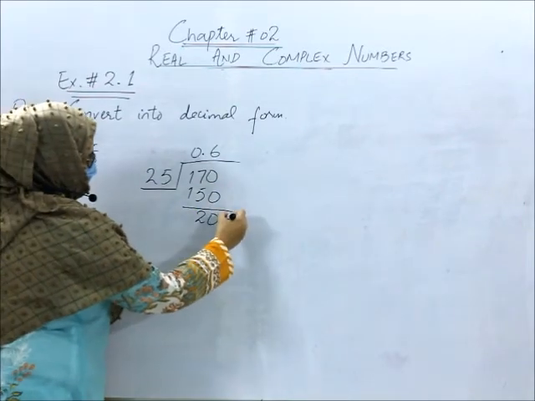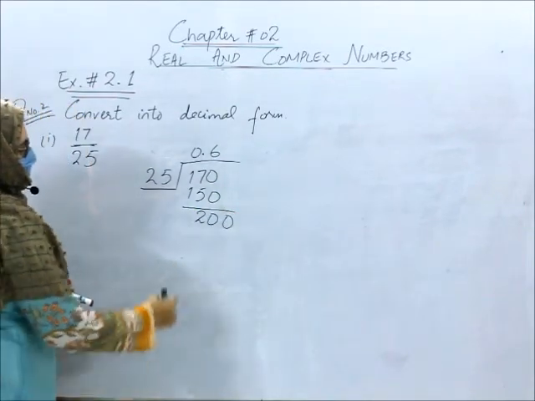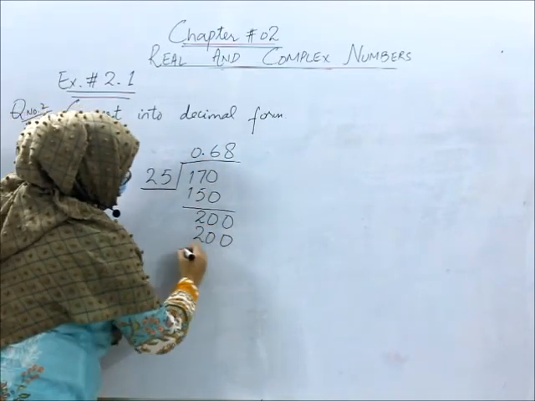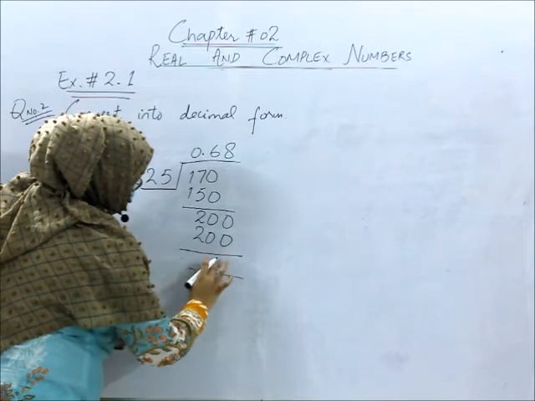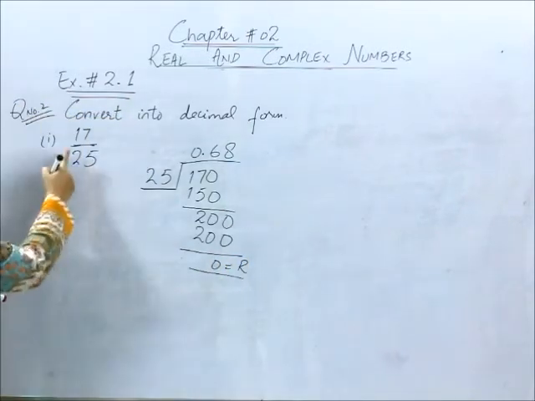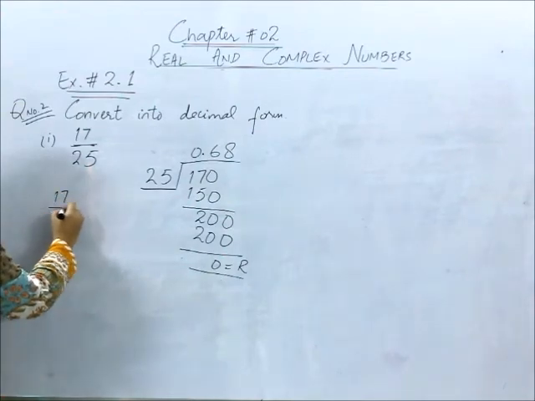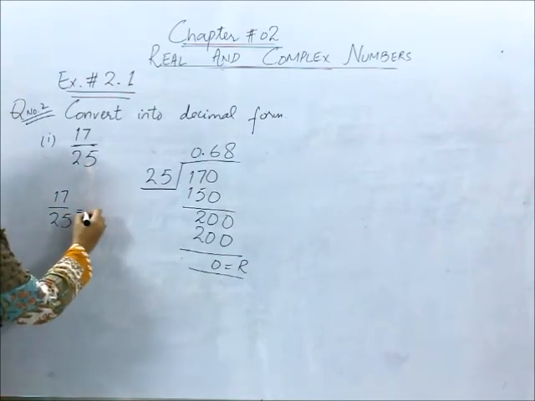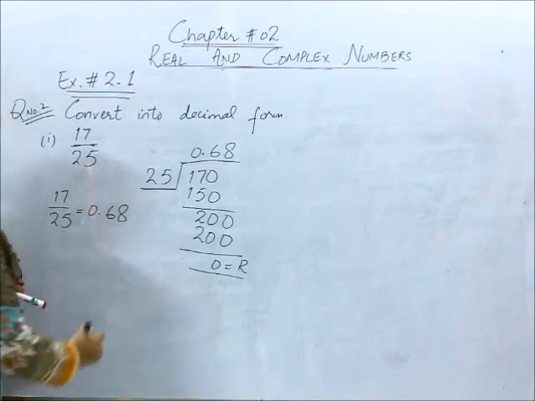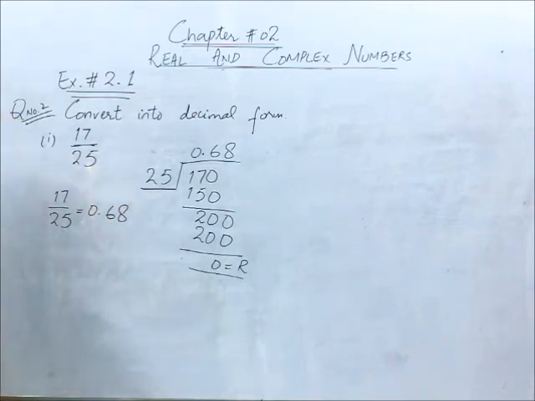Definitely not. We will introduce another 0 over here, and 25 into 8 will give you 200. Here our division will stop, as we have a remainder of 0. It means 17 over 25 when converted into the decimal form will give you 0.68. So this is a very simple question.